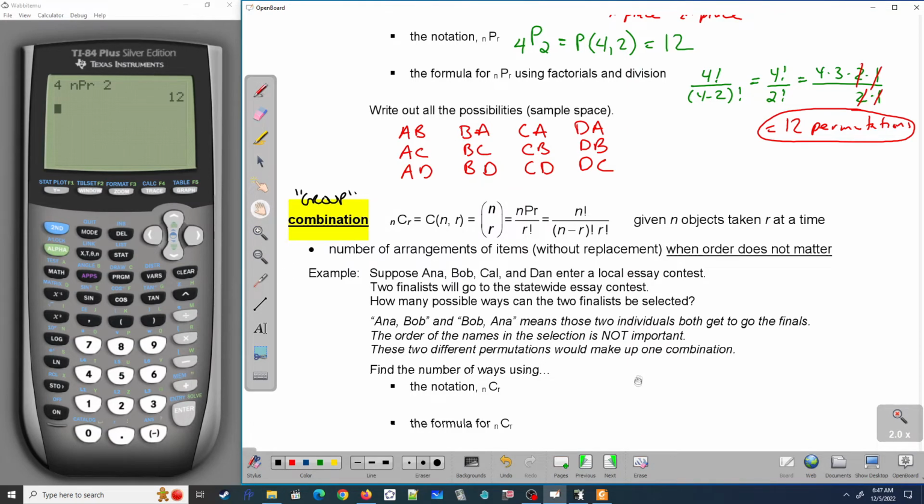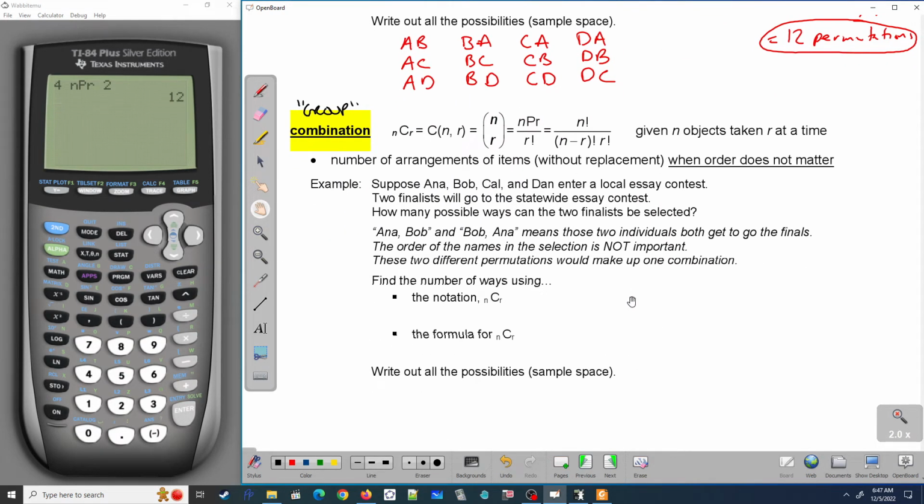So in this particular case, the notation was, let's say 4C2, which on the calculator would go 4, math, over to probability, and then down to number 3, and then type in 2, and you're going to find out that there's only 6 combinations compared to when there were 12 permutations.